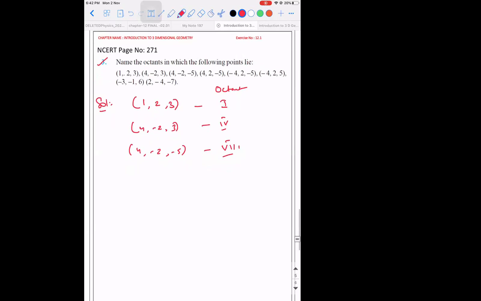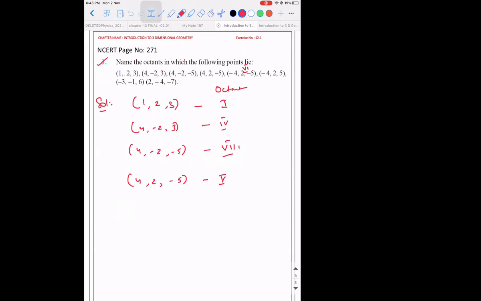Yes, sir. So that's how you get. -4, 2, -5. Fifth octant. Sorry, -4, 2, -5, sixth octant. That's right. -4, 2, 5.